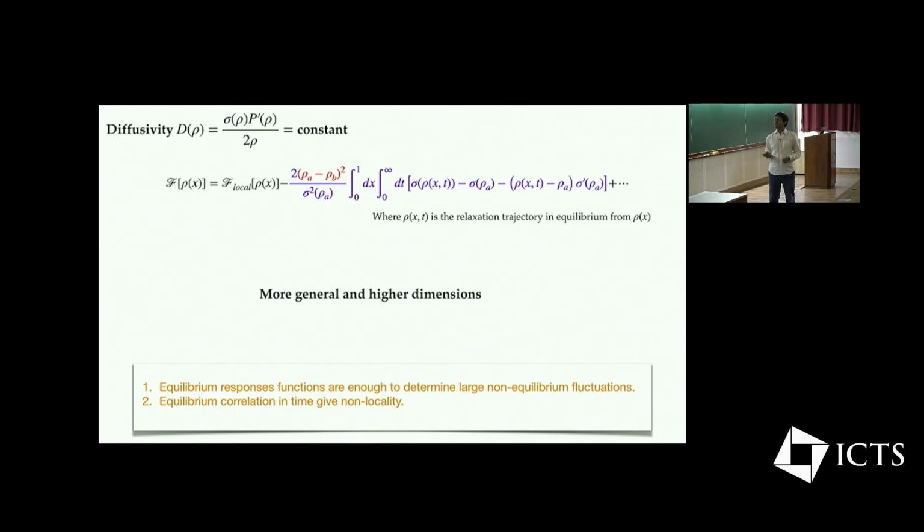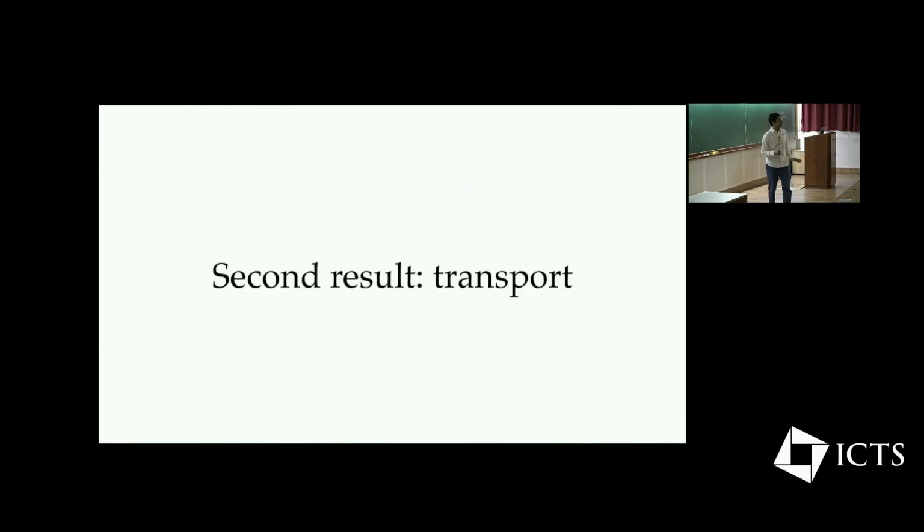One very important point is that even this very large fluctuation in the non-equilibrium state is characterized by only a few response functions in the equilibrium state. Okay? And the second part is that here the non-locality comes out somehow due to correlations in time in the equilibrium state. So this is how you would see it here. Okay. So this is about the first result.